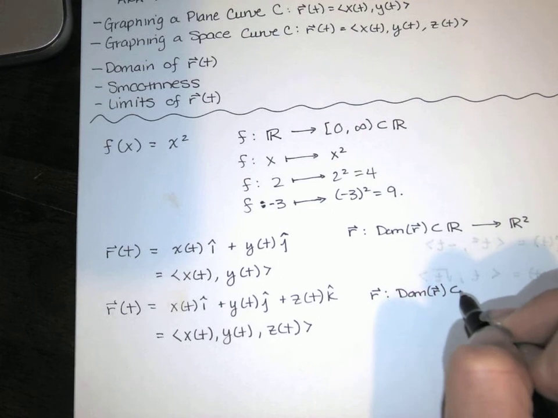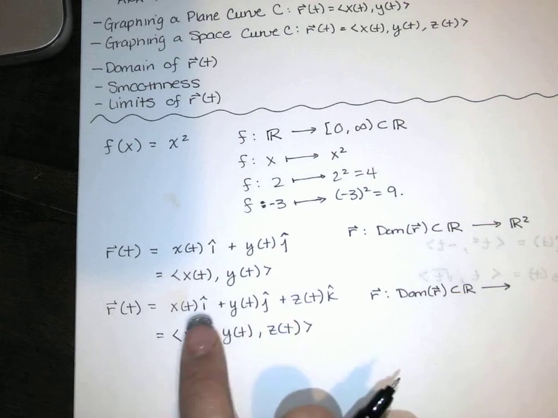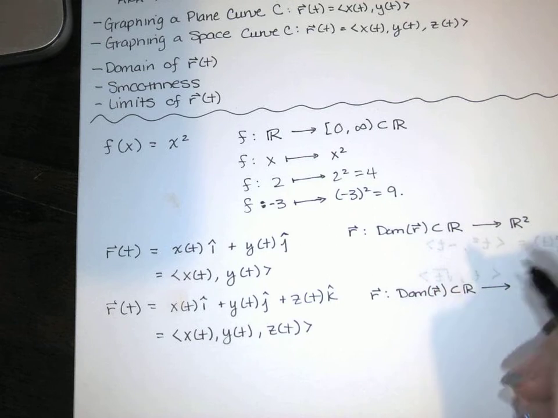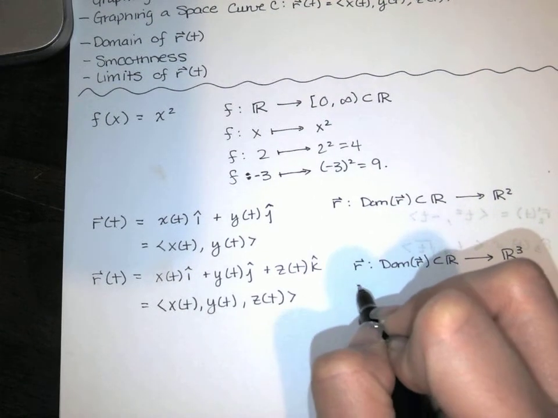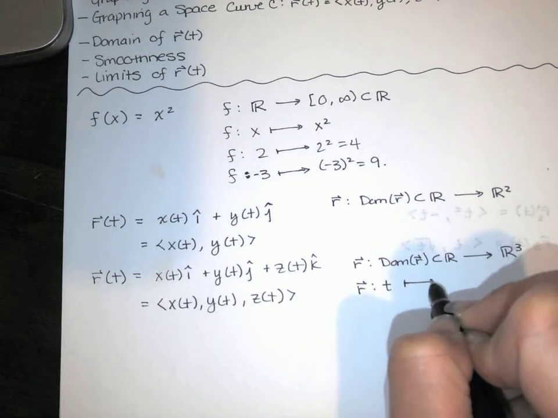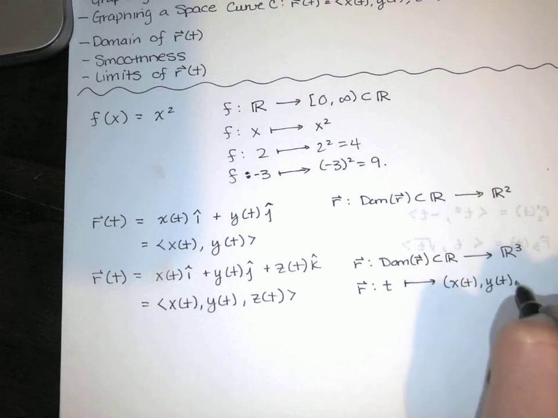We'll talk about how to find the domain in a little bit. It's actually giving me an output of a vector, but I'm not going to look at the whole vector, I'm just going to look at the end point of the vector. So it's mapping to R3. Another way that we could write this is to say it's taking this real number t and mapping it to a point, x of t, y of t, z of t.